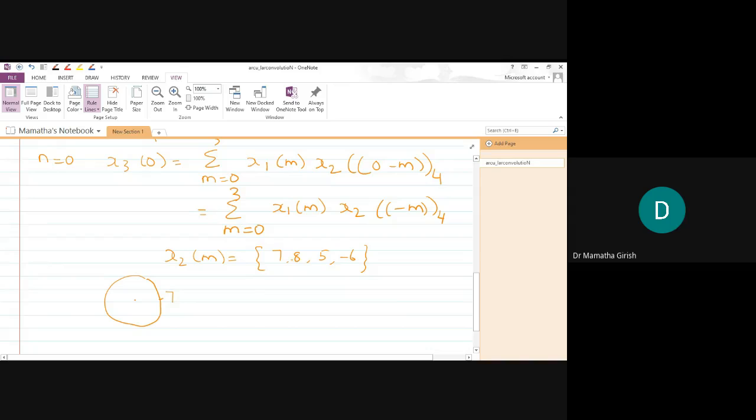Instead of going in the direction 7, 8, 5, -6, I must revert the sequence in the anti-clockwise direction. So instead of starting from the sample 8, you must start from the sample -6, then 5.